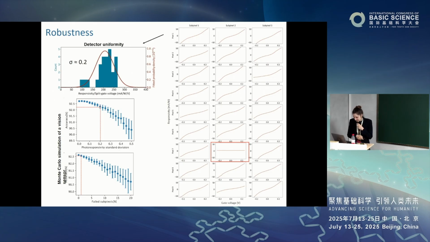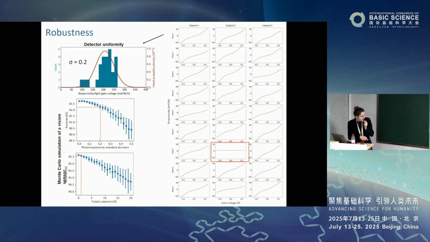And then we did some computer simulations to understand how it's going to diminish our performance. So you can see that if you have a photoresponsivity deviation of 0.2, the accuracy will fall by 2%, so not that much.